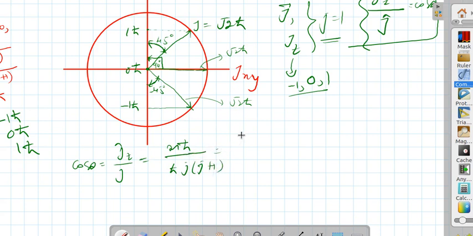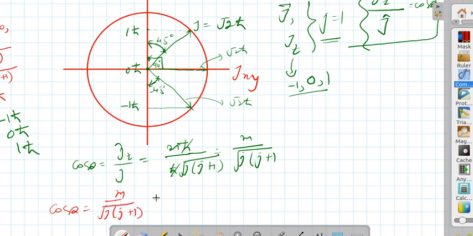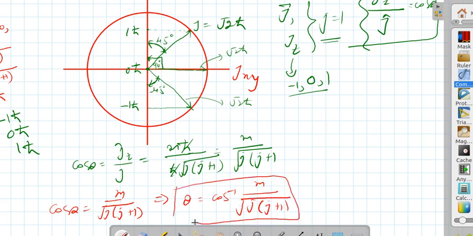The h cross will cancel out, and we have j into j plus 1 under the square root. So cos theta is m over root of j into j plus 1, or theta is cos inverse of m over root of j into j plus 1. That's what we have to keep in mind.